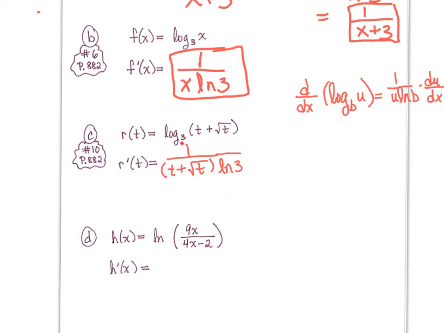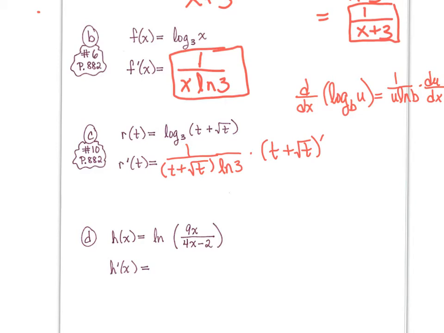Remember, b for us is 3. And then we're going to multiply that. The other part of our rule says to take the derivative of u with respect to x, or u prime. So that's going to be times the derivative of t plus the square root of t.